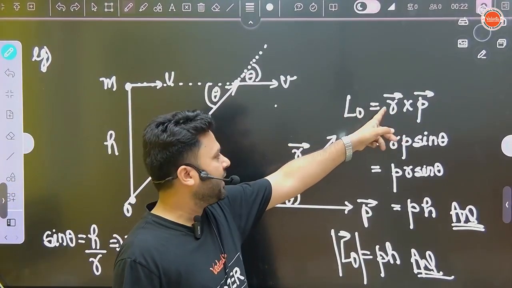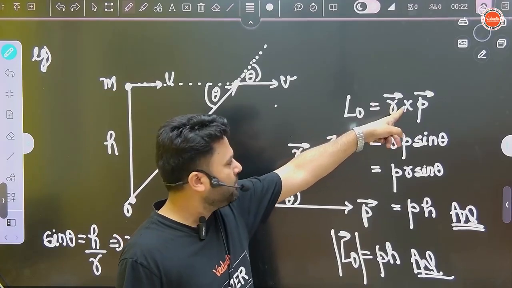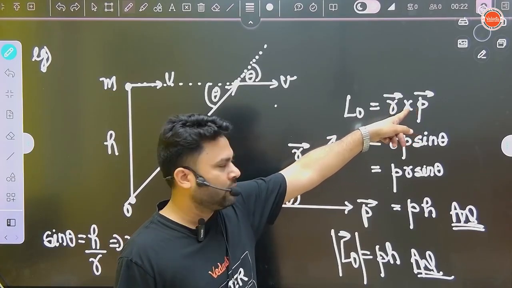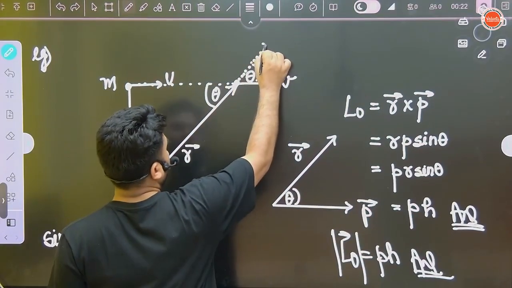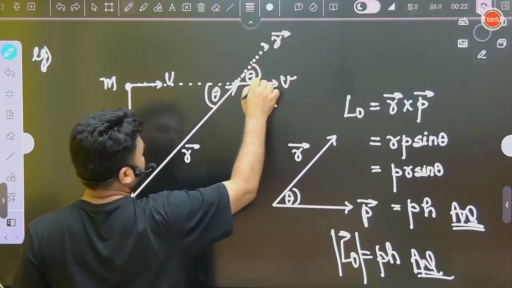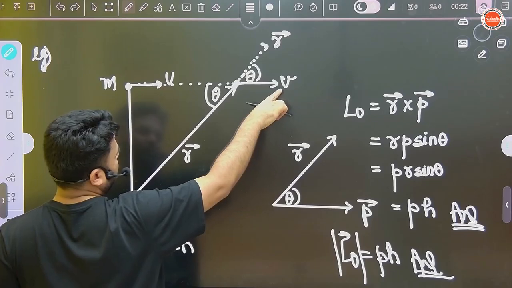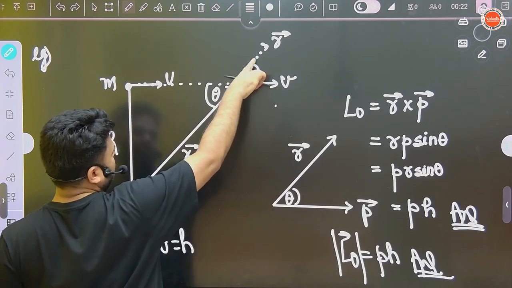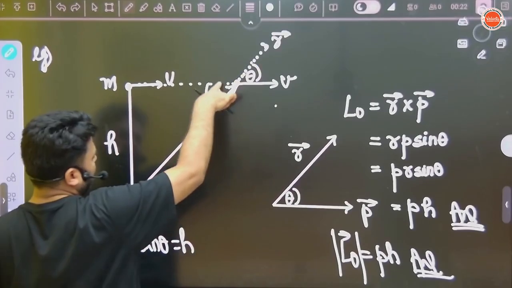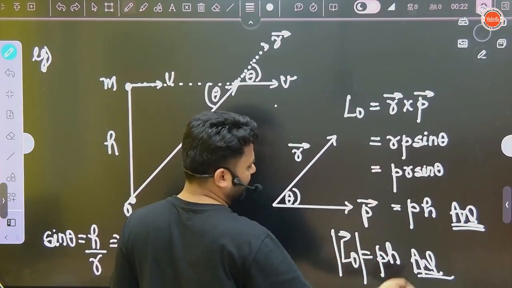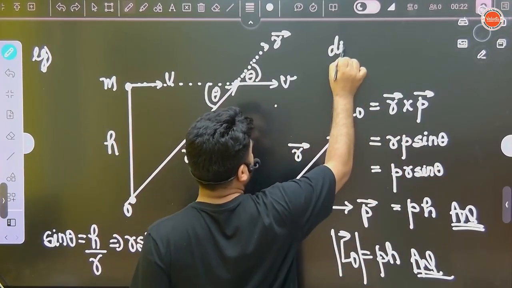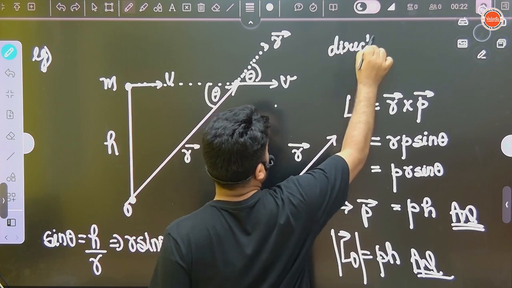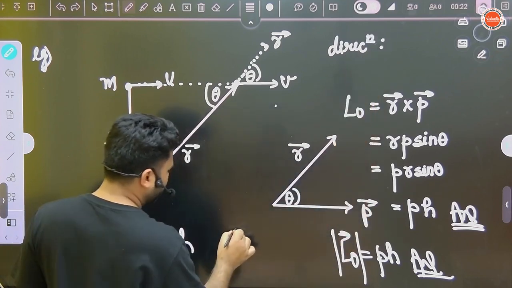The direction will be perpendicular to the R vector and perpendicular to the P vector. Correct? This is the R vector and this is the P vector. So R cross P is coming clockwise. How to see the direction?